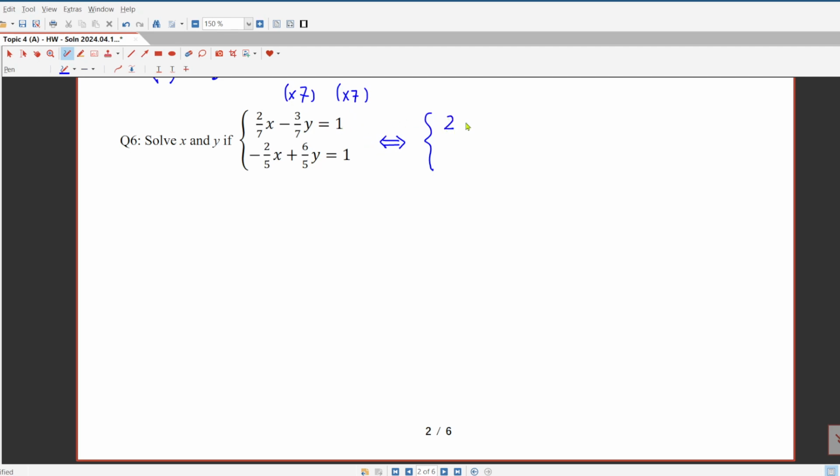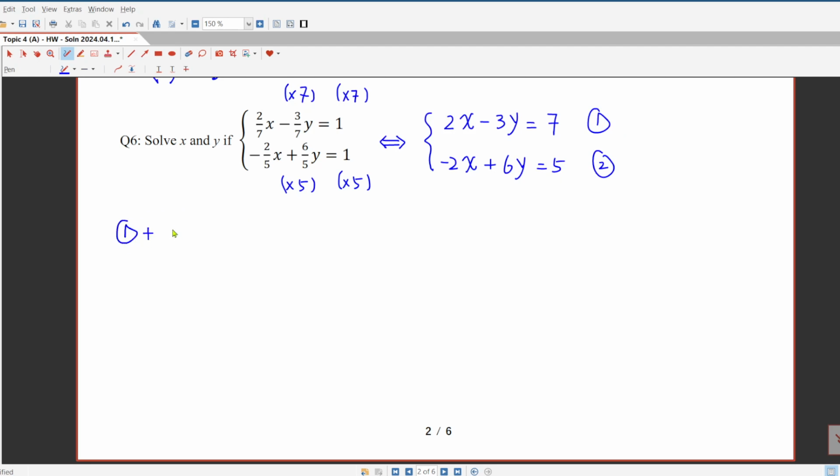So this will give us 2x minus 3y equals 7, right? And we can then multiply 5 to both sides of the second equation. Again, this does not change the solution set because it is also an equivalent transformation, which gives us negative 2x plus 6y equals 5, right?